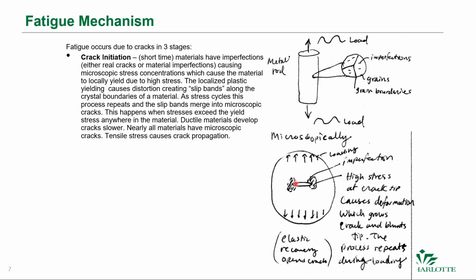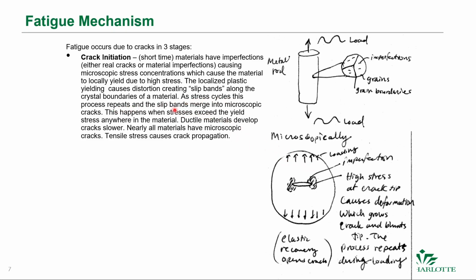So these loads cause the cracks to have localized yielding due to really high stresses, because it's the force over the area, and at the tip the area is really, really small. This causes distortion, creating what are called slip bands along the crystal boundaries of the material. As the stress cycles, that process repeats.